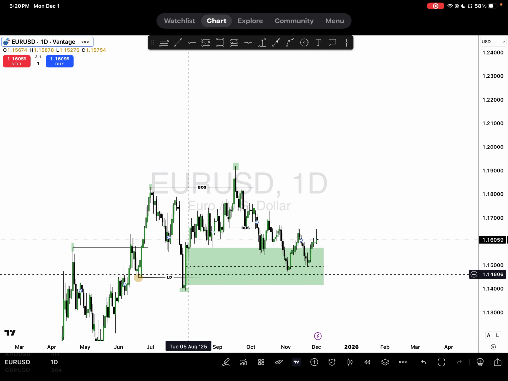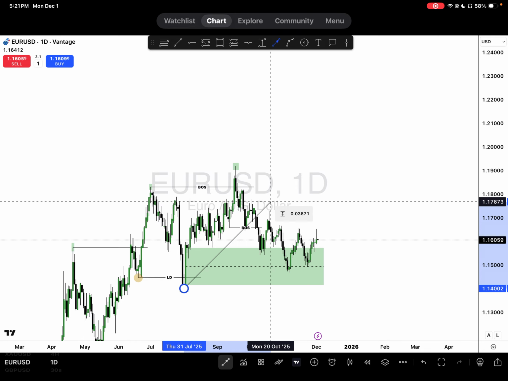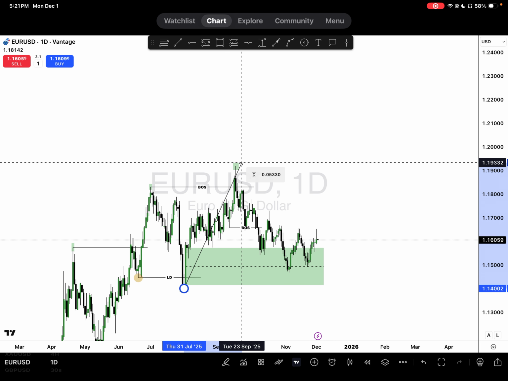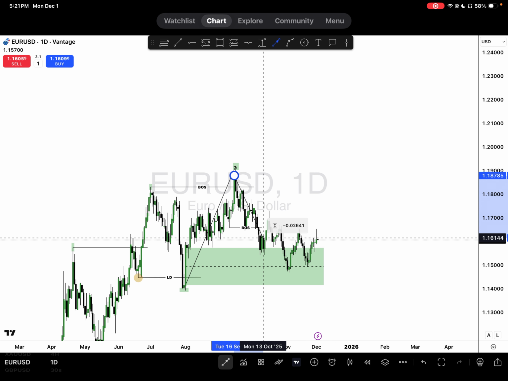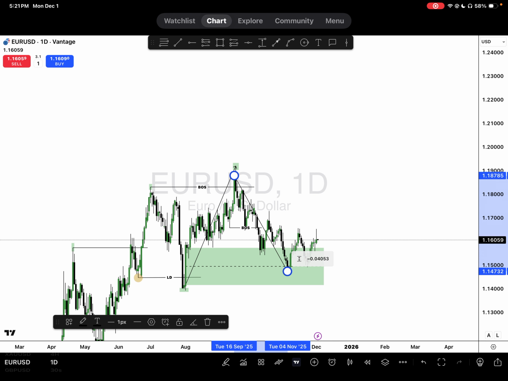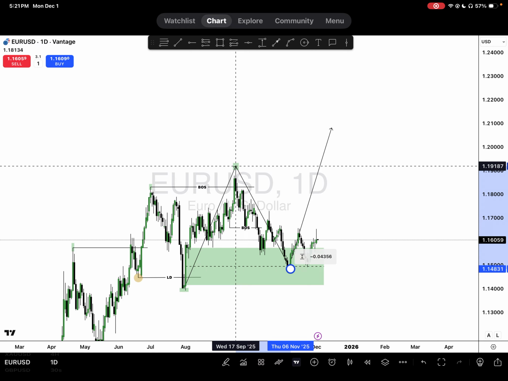What I'm sticking to is, if I'm looking at it from a very overall perspective, think of it like this: impulse, all right, pullback, all right, and then the next one should be impulse.